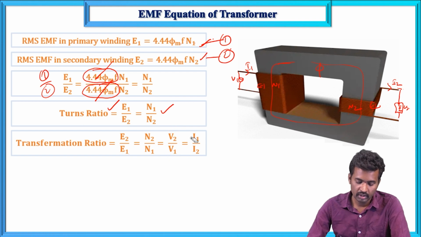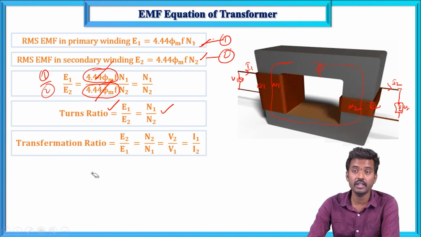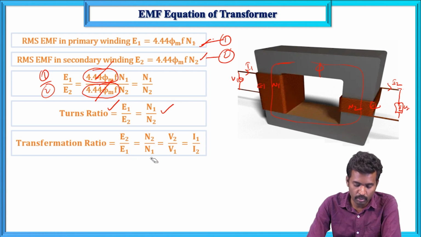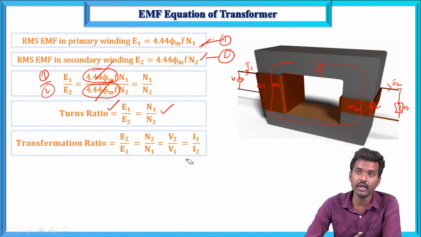So here voltage and currents are reciprocal. Keep it in mind, this is I1 by I2. Remember this one, don't forget about this, I1 by I2.